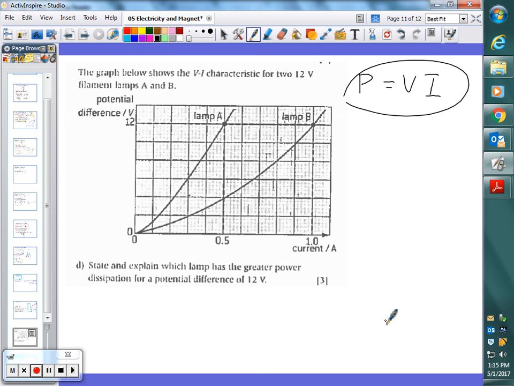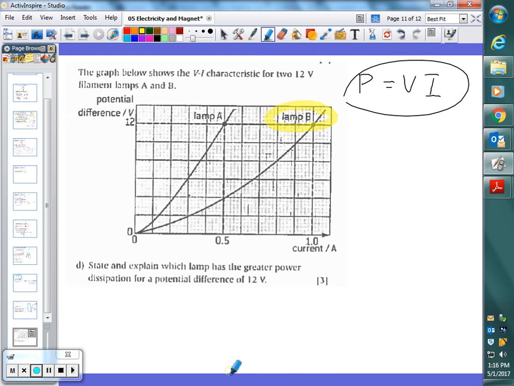Okay? In this case, it's going to be lamp B, right? Because we know the voltage for both of these lamps is what? 12 volts, right? They're both on that same level. But lamp B has more current, right? So its power dissipation is going to be greater. It dissipates more power per second.